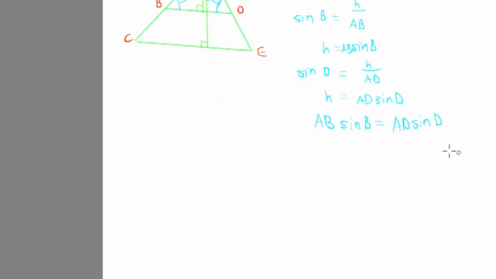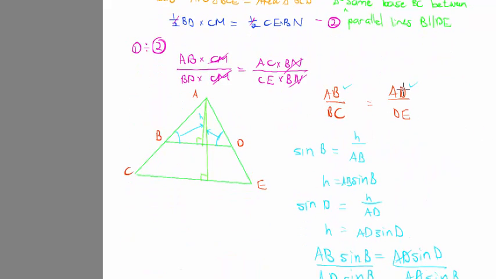So now if I divide both sides by AD, on this side it cancels, and I divide both sides by sine B, I see that AB divided by AD is equal to sine of angle D divided by sine of angle B. But AB divided by AD, so in other words, if I take this one and divide it there, and I take this one and multiply it there, then I get BC over DE is equal to AB over AD.